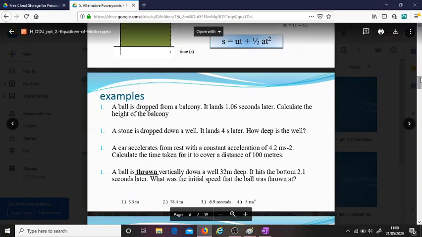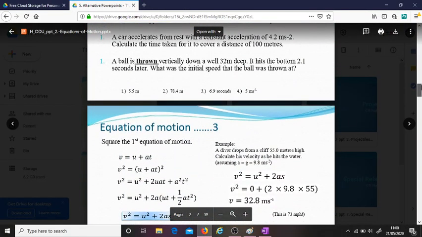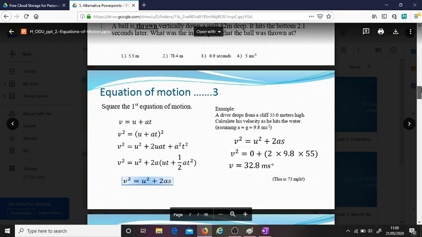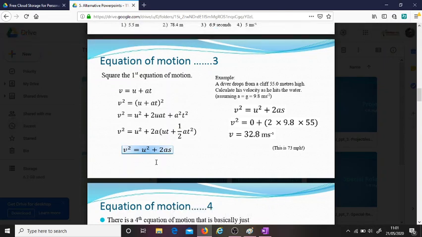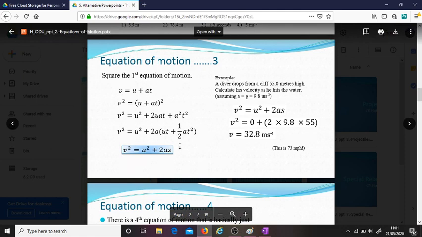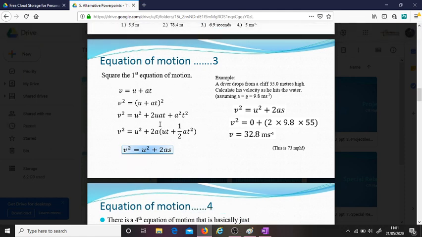So there is also more equations. So the equation you use for a problem is dependent on what you've got and what you need to work out. So another new equation here is v squared equals u squared plus 2as. Again, this is the proof. This is basically combining equations or sort of squaring them and getting something different.